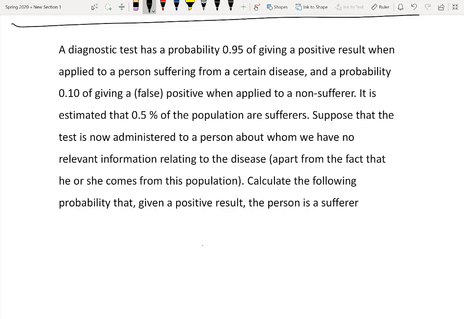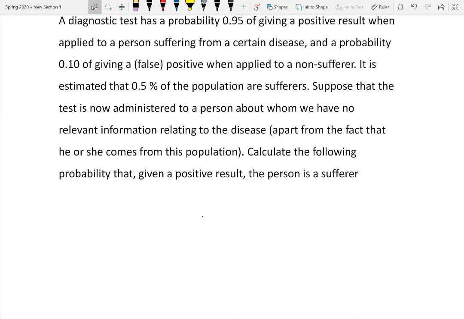Now, first of all, we need to identify whether this problem can be solved with Bayes' law or not. What kind of information is given to us? First of all, we need to extract the information. The first information given is that a test has a probability 0.95 of giving a positive result when applied to a person suffering from a disease. So we need to define some events. Let's say the first event is S, that the person is a sufferer.